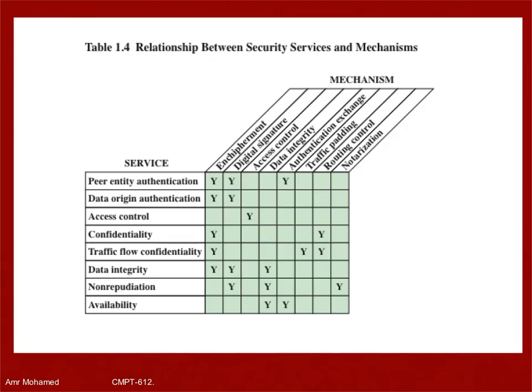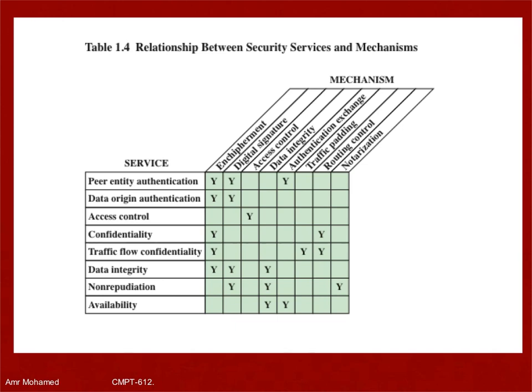So this is the matrix that we have talked about last time. We said that this is the security service, and what kind of mechanisms can be engaged or grouped together in order to provide that service, right?